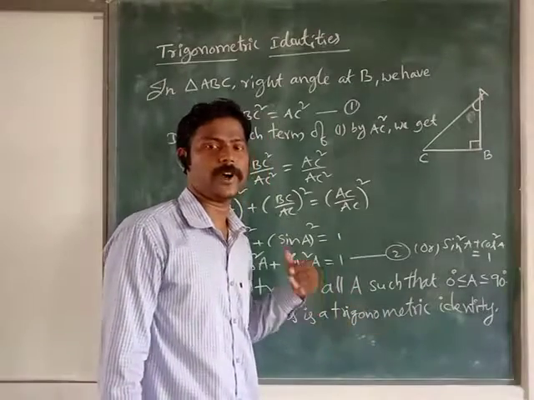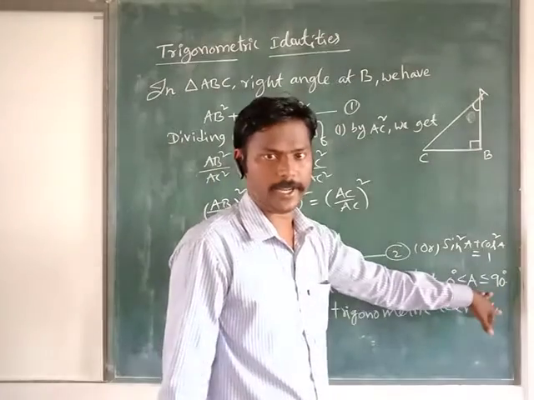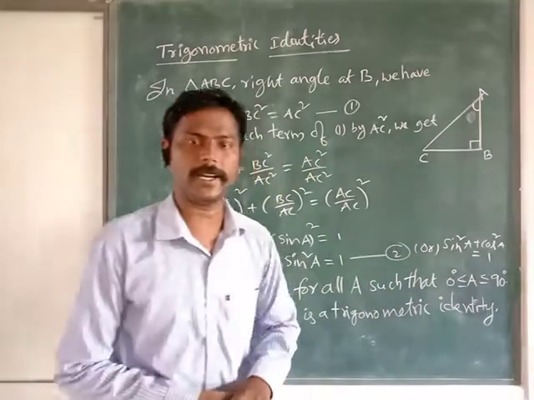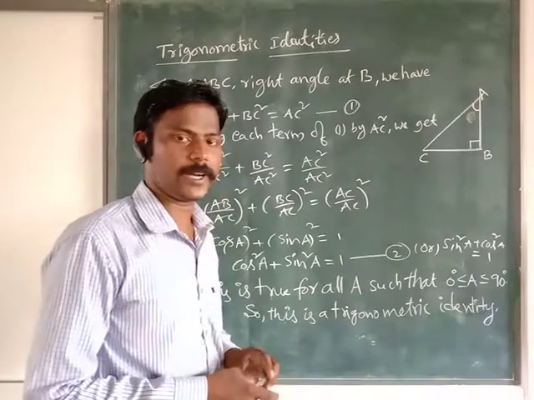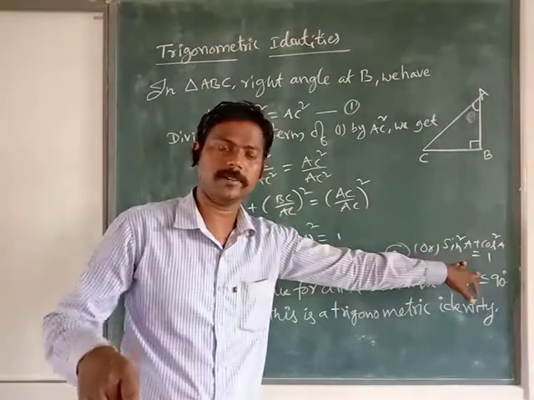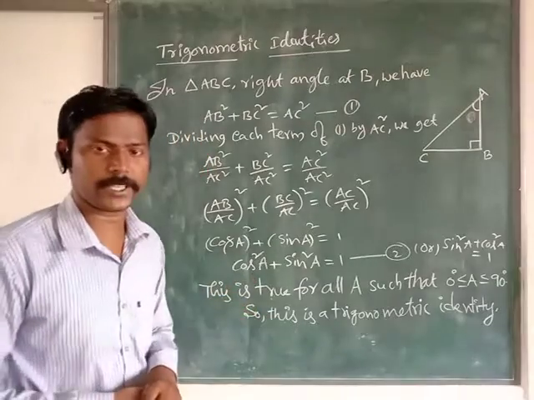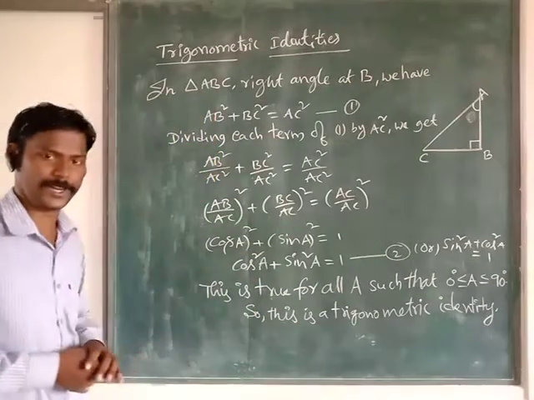This is true for all the standard trigonometric angles from 0 to 90. Understood how the first trigonometric identity came? What is the first trigonometric identity? Sin square A plus cos square A equal to 1, or cos square A plus sin square A equal to 1. This is the proof that we got.